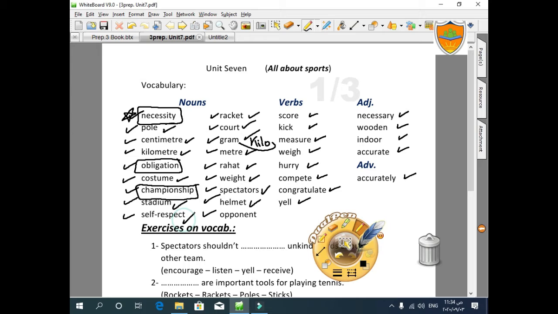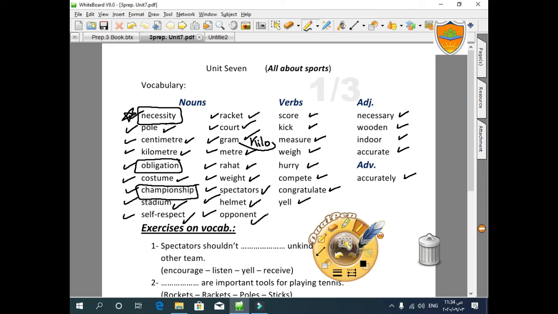Self-respect means to behave well in order to make others respect you. So you must respect yourself to make the others respect you. Opponent is a team or a player who plays against you.